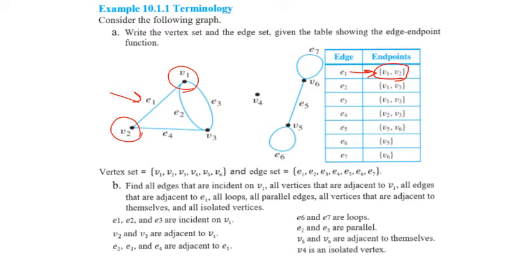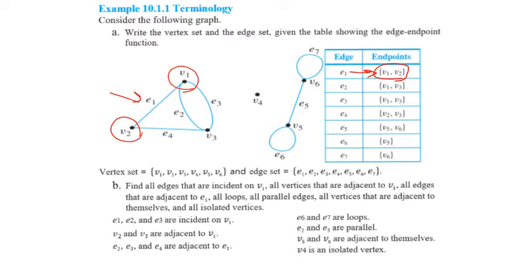Okay, and then the next part of the question is find all loops here in this graph. In order to find the loops, we see that E6 and E7 have only one endpoint, so both of them are called loops. And then it asks us to find all parallel edges.